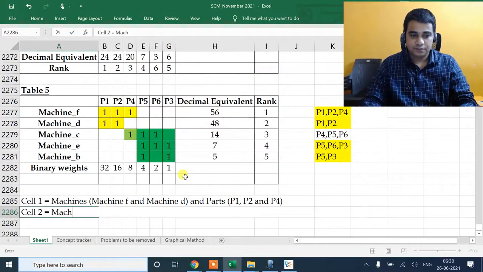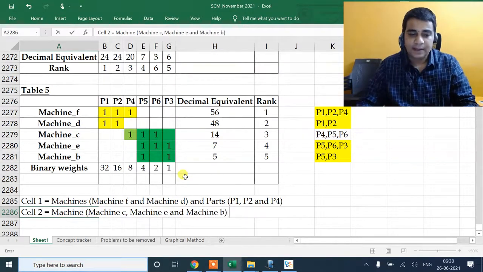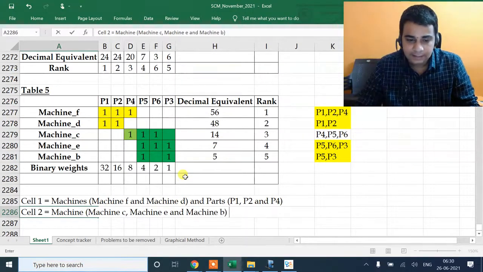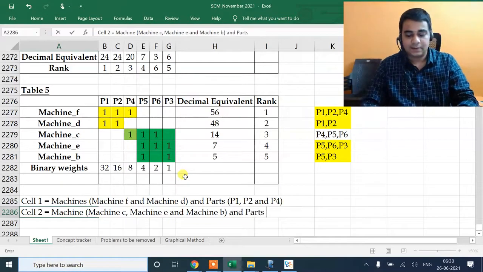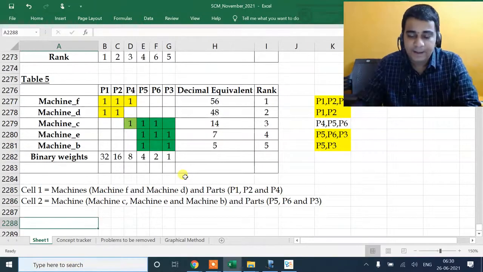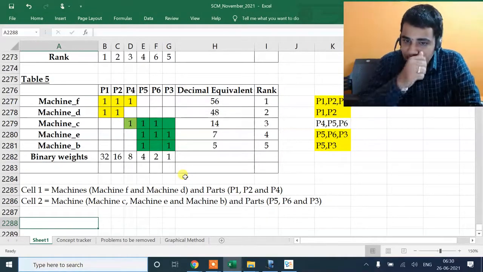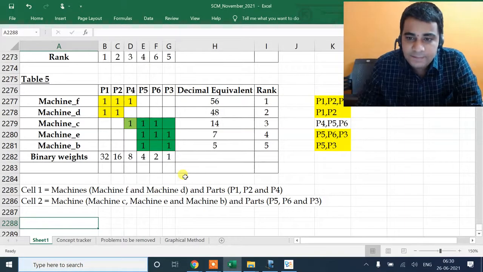Cell 2, machine C, machine E and machine B, that is C, E and B, and parts are P5, P6 and P3.